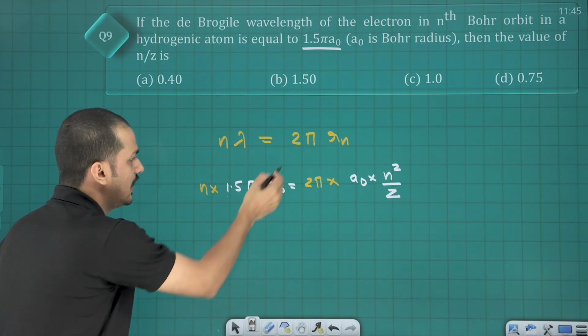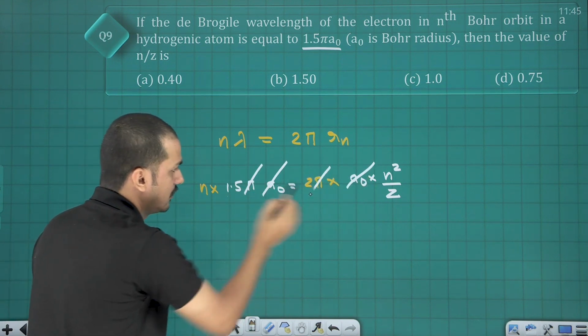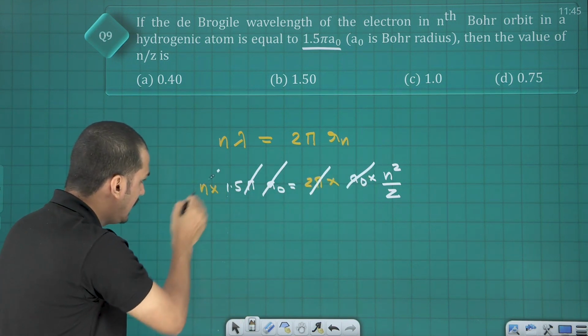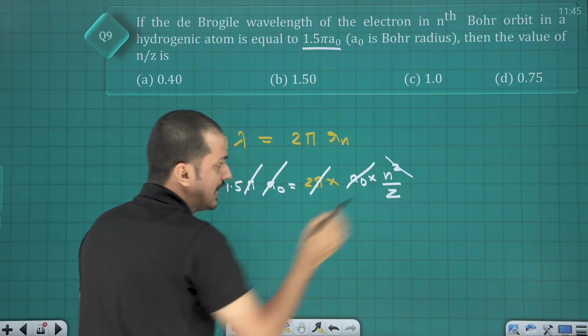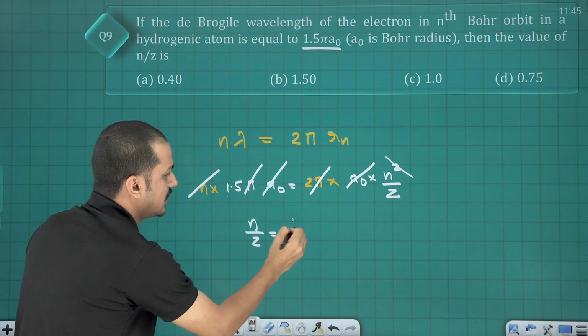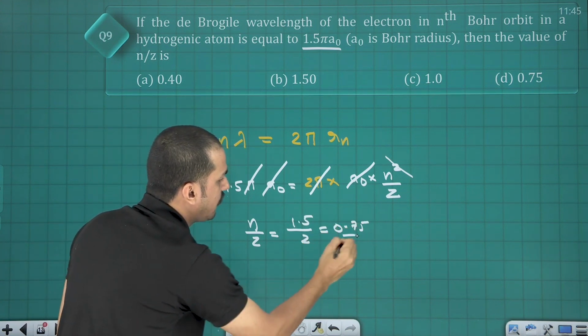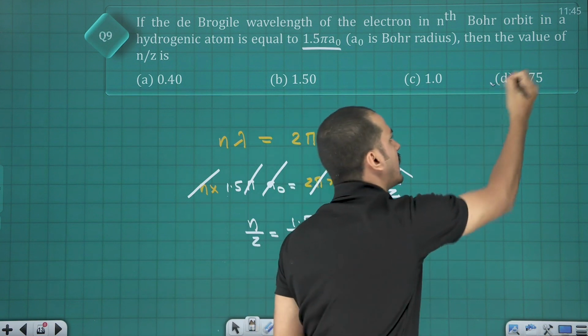So we can cancel A0, and pi, and one n from n square. Now we get n by z equal to 1.5 by 2, that means 0.75. Option D is the correct answer.